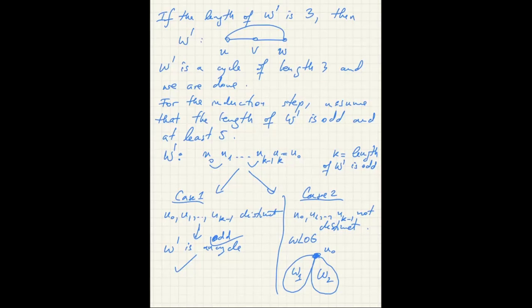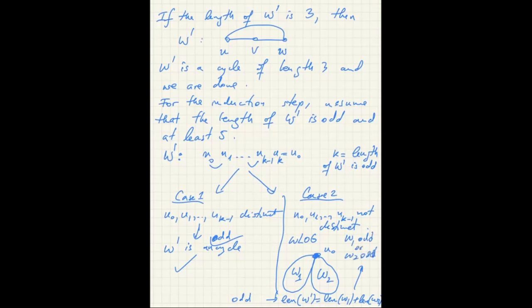Now, what can you tell about the length? The length of W prime will equal the length of W1 plus the length of W2. But the length of W prime is odd, so this number is odd. That means that either W1 is odd or W2 is odd.